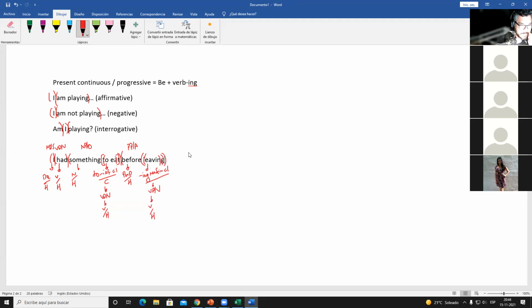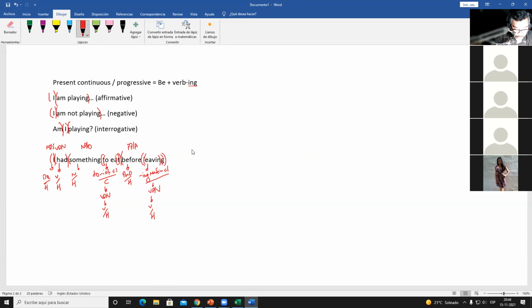You can see two things. The first thing is this: non-finite clauses don't have tense, and they are subordinate clauses. Therefore, they work in the same way as all those other clauses we reviewed during this whole semester. Okay, they can be adverbials, they can be complements, they can be post modifiers, they can be objects.